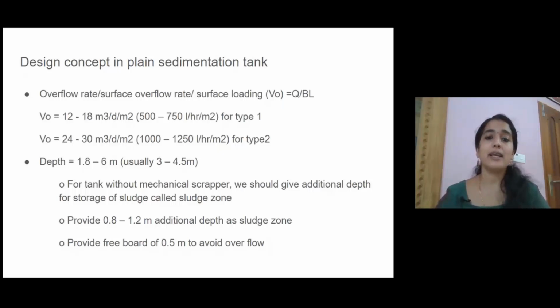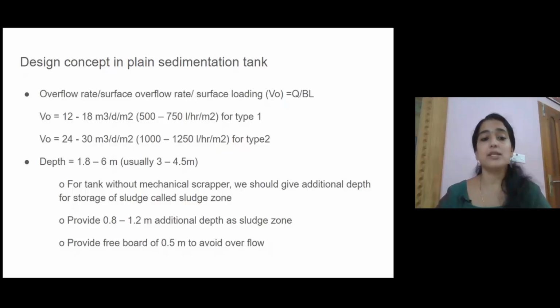In designing a plain sedimentation tank, we consider an overflow rate in the range of 12 to 18 meter cube per day per meter square cross-sectional area of the tank. That is 500 to 750 liters per hour per meter square.